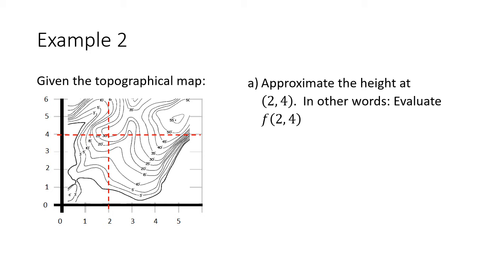And where they intersect, that intersection point is going to correspond to some height. Now, in this case, it looks like that's pretty close to 30. Now, we're just doing approximations here, so it doesn't have to be exact. It's probably a little bit more than 30 based on the picture. But again, we're just approximating. And so approximately at the ordered pair (2, 4), we're looking at roughly a height of 30 feet.